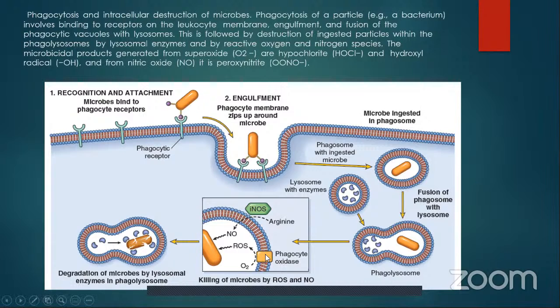So along with the reactive oxygen species or the oxidative burst, we also have nitric oxide acting. The inducible nitric oxide synthase is going to produce nitric oxide from arginine, which will get cleaved and result in the formation of the reactive peroxynitrite, which altogether are going to degrade the microbe and damage the cell wall.